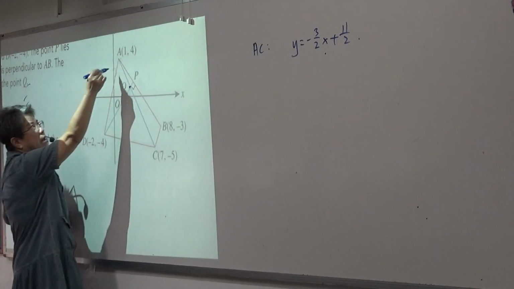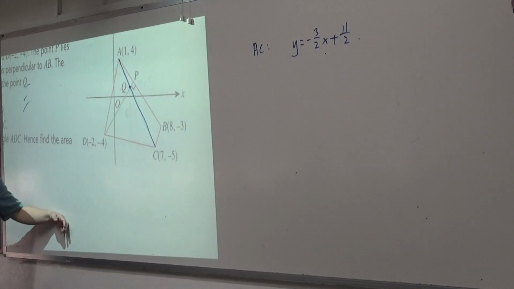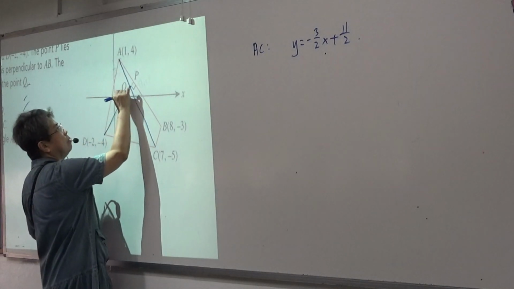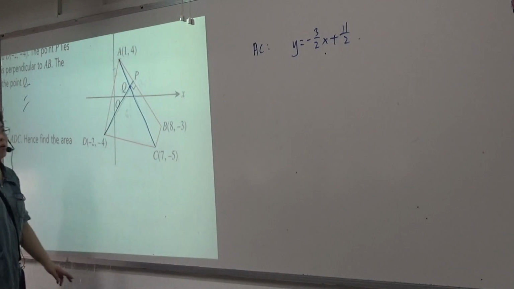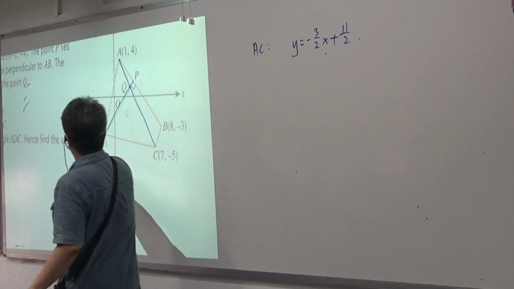I must find AC, the equation I found already, right? Then I must find the equation for what? DP, correct? Yes. Then I solve it simultaneously, I can get it, right? Yes or no? Okay. But we have a problem here. How do I get the equation of DP?